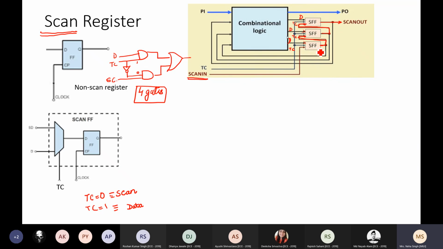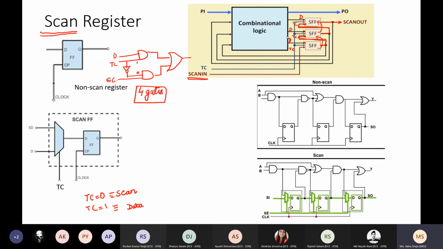At the next clock edge, this gets propagated to the second flip-flop. At the next clock edge, this gets propagated to the third flip-flop, and I can read it at the output. So my flip-flops work like a shift register. Right? Something like this. This is a normal circuit. Some outputs come from the combinational circuit, which are given as line D. I add a multiplexer with the control signal and the scan data.